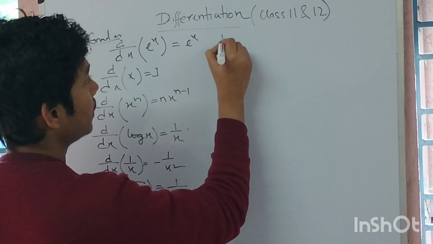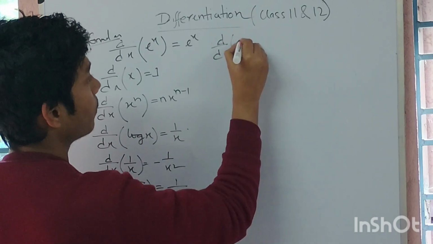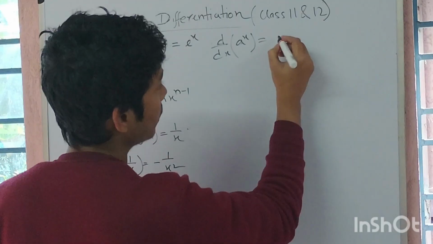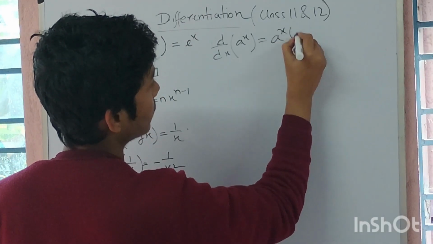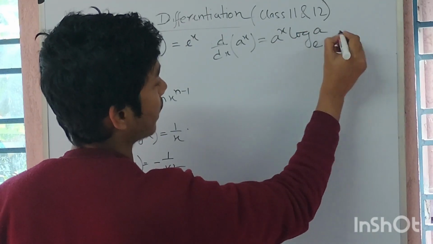Now d by dx of a to the power x will be a to the power x log e base a.